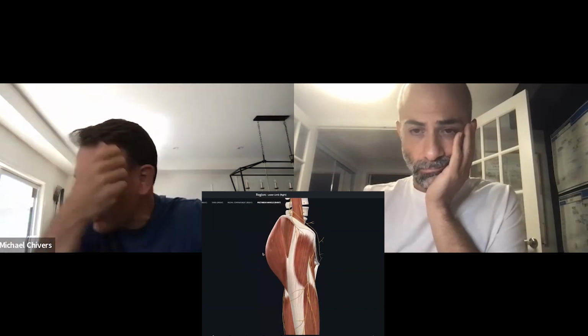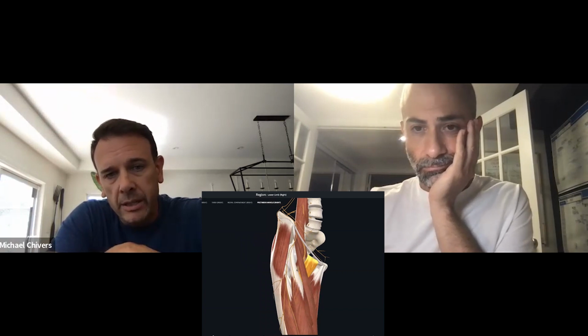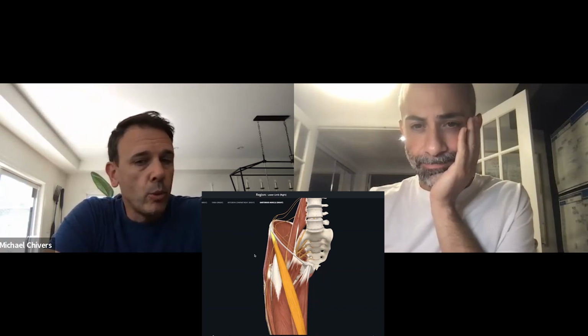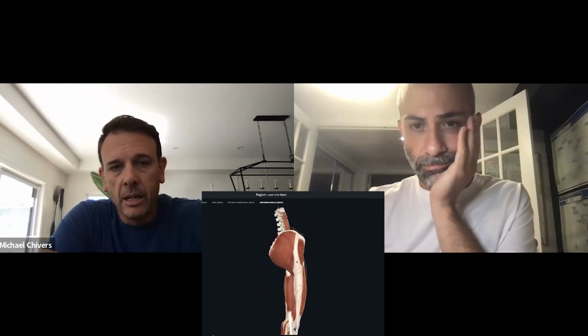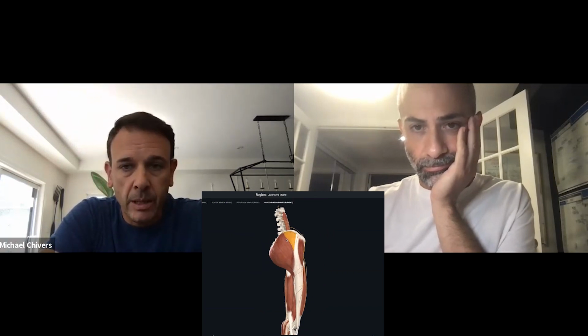We never see a sartorius that goes in the opposite direction. Yes, that would be messed up. We never see a glute medius that is on top of the glute max. These things don't happen.